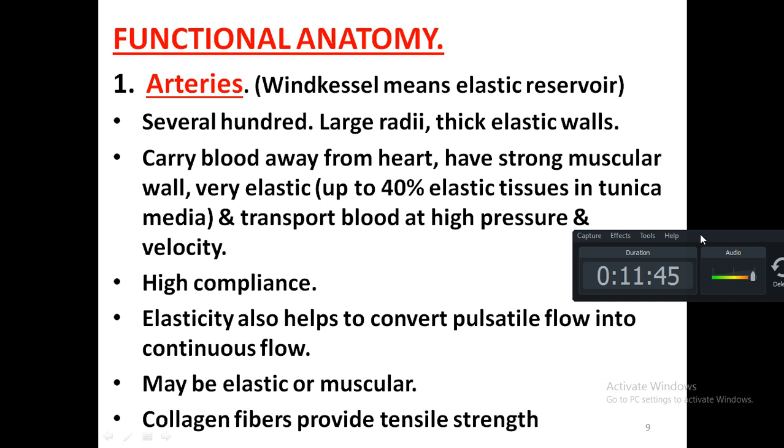These arteries may either be elastic arteries or muscular arteries, depending upon whether they contain more elastic tissue or more muscular tissue. And then on the outer side are the collagen fibers that provide tensile strength to these arteries.